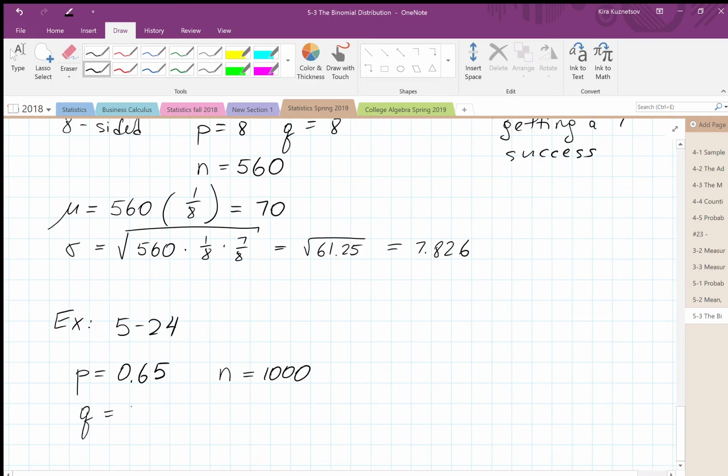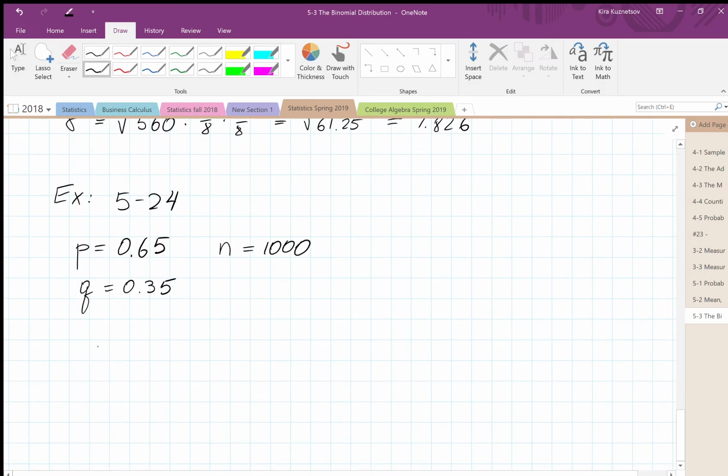The q is therefore 1 minus p. If they're looking for the mean, this is not theoretical probability. There's nothing to find. The observational probability, those are going to be given to you. So all you're really doing is just taking an n, multiplying it by p. So you have your mean of 650 people.